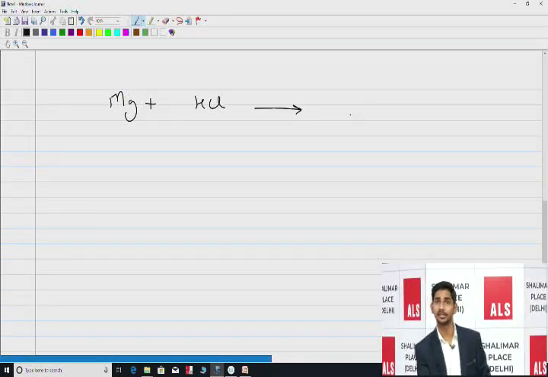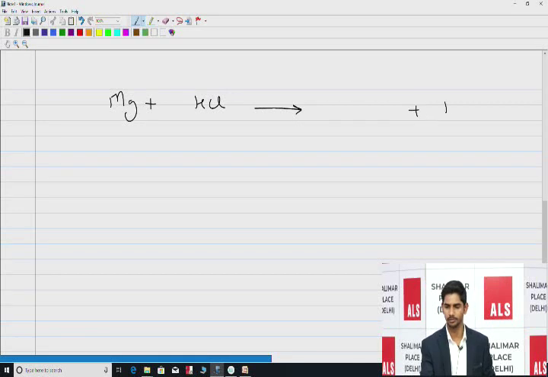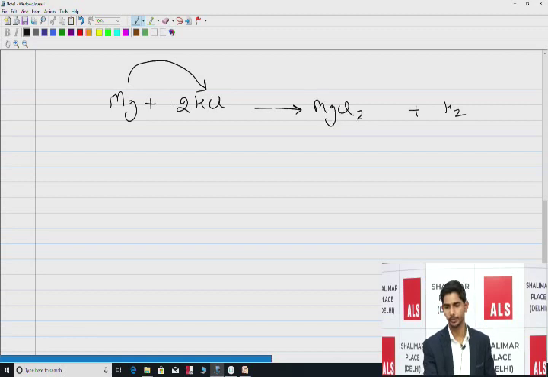You have to write the salt and the hydrogen. So first of all, write the hydrogen. Obviously, to get the two hydrogen, you need two hydrogens on the left hand side as well to write the balanced equation. Now what you have to do? Combine this magnesium with the Cl, and this one will be what? MgCl2. That's it.